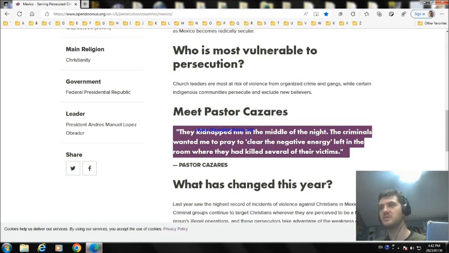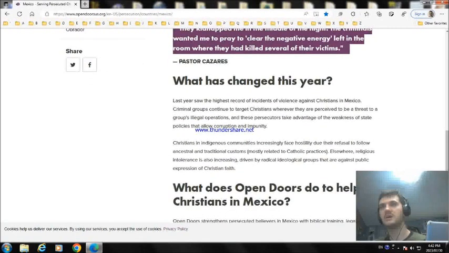What has changed this year? Last year saw a high level of violence against Christians in Mexico. Criminal groups continue to target Christians wherever they are perceived to be a threat to a group's illegal operations, and these persecutors take advantage of weaknesses. The state's policies allow corruption and impunity.